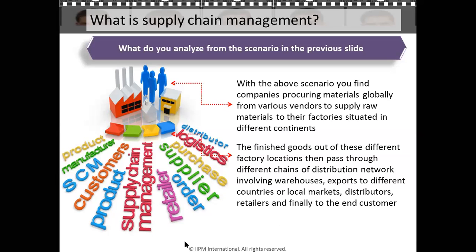With the above scenario, you find companies procuring materials globally from various vendors to supply raw materials to their factories situated in different continents. The finished goods out of these different factory locations then pass through different chains of distribution network involving warehouses, exports to different countries or local market distributors, retailers, and finally to the end user.